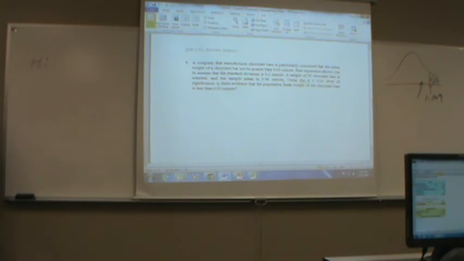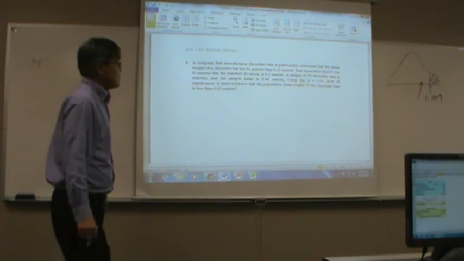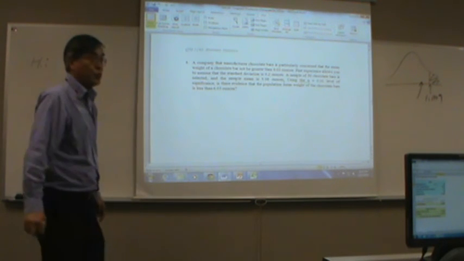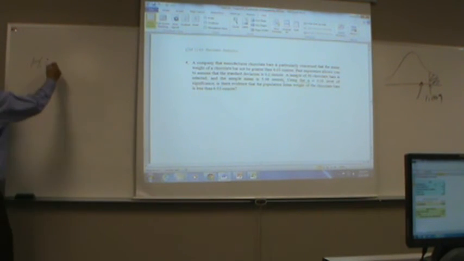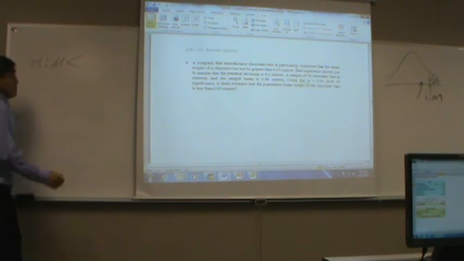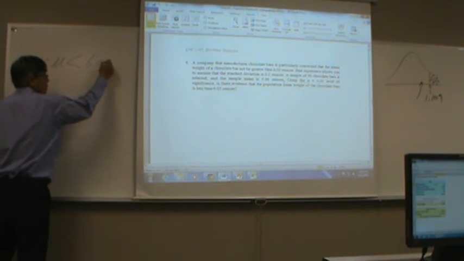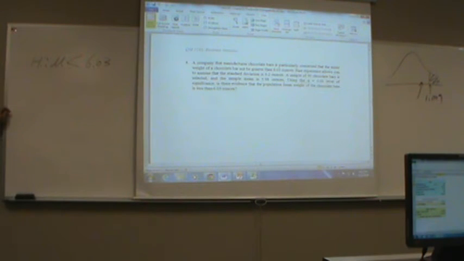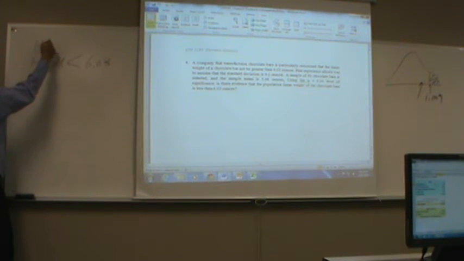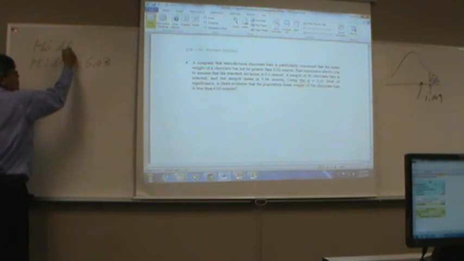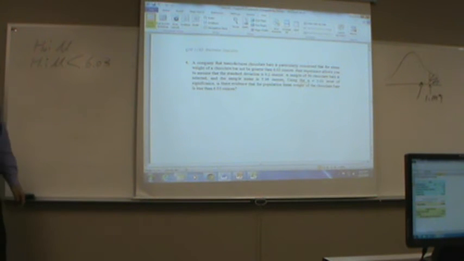H1: population mean less than 6.03. Then H0 is the opposite side of less than, which is greater than or equal to.